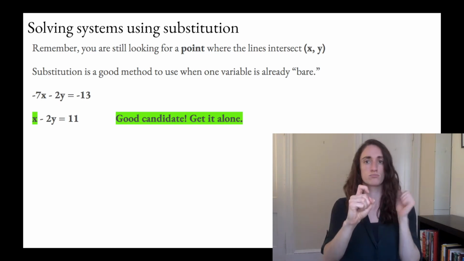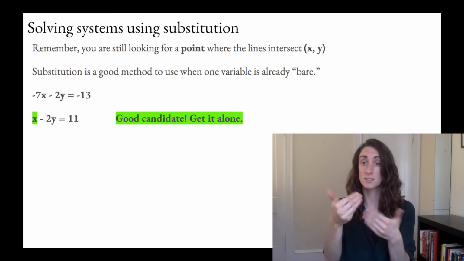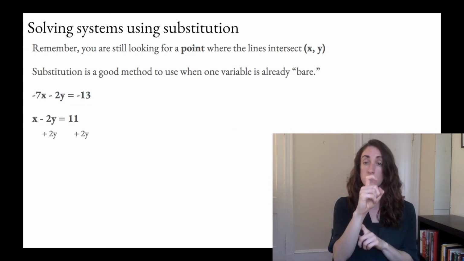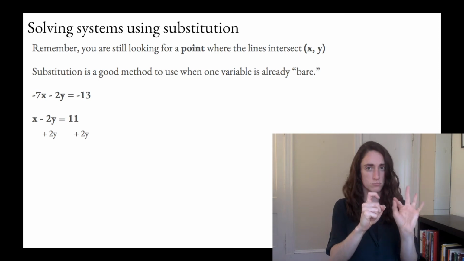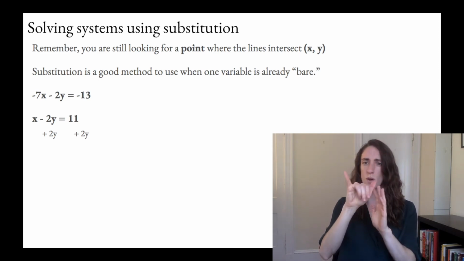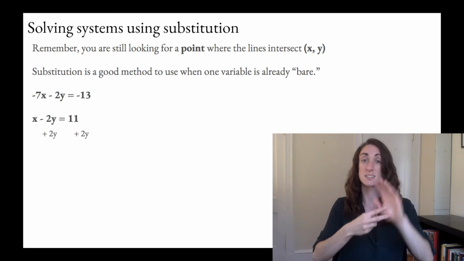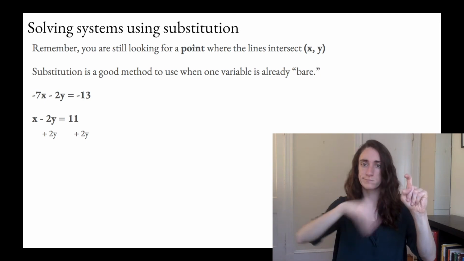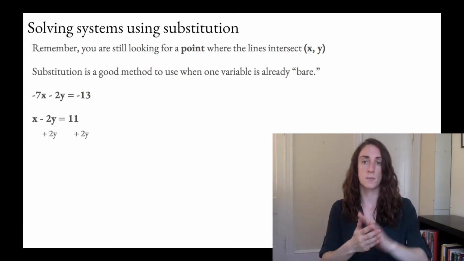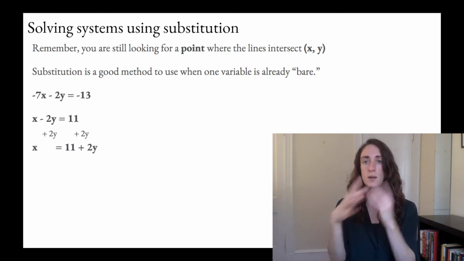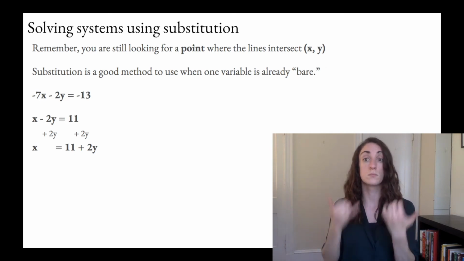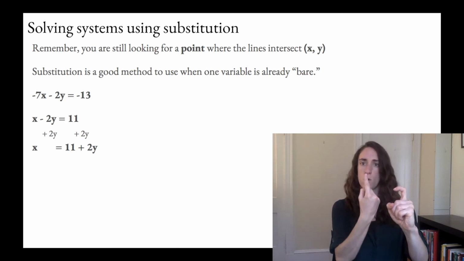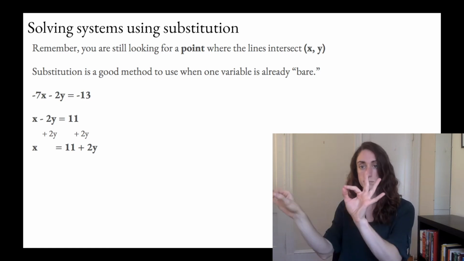So that's a good candidate. So we want to isolate this x on one side of the equation. It's already alone without a coefficient, but we want it alone on one side of the equation. So we can move this term negative 2y by adding 2y to both sides, and we get x equals 11 plus 2y. So now we've got x alone and isolated on one side of the equation, and we have an expression that's equivalent to x on the other side.